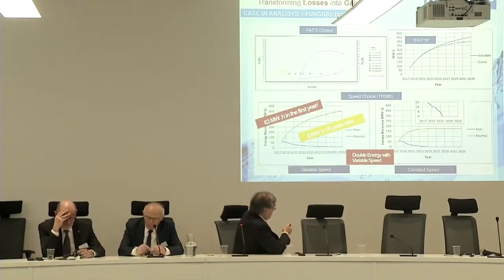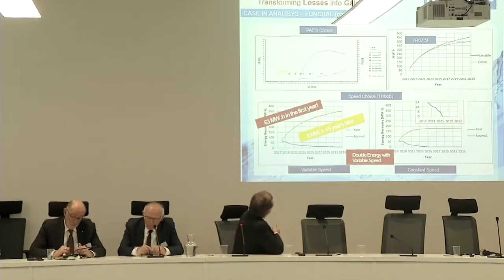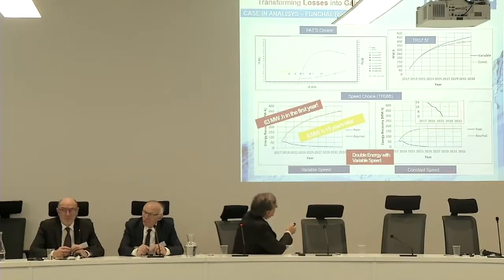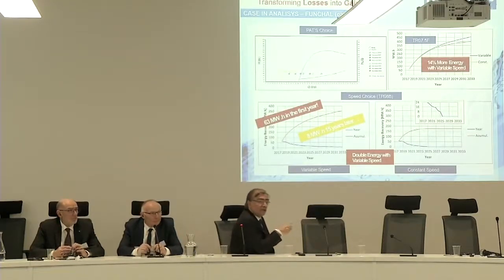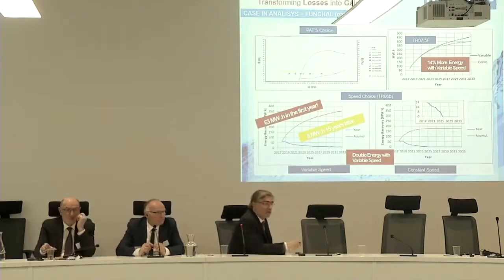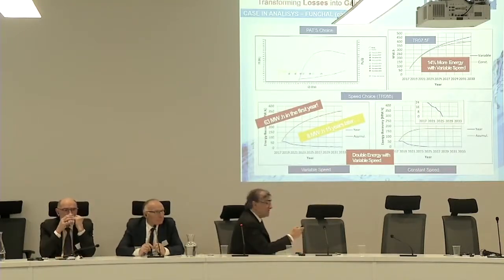So this one was this one, and now this is this. In this case, we have only a difference of 40%. So each case is a case. You must study everything, model, and so on.